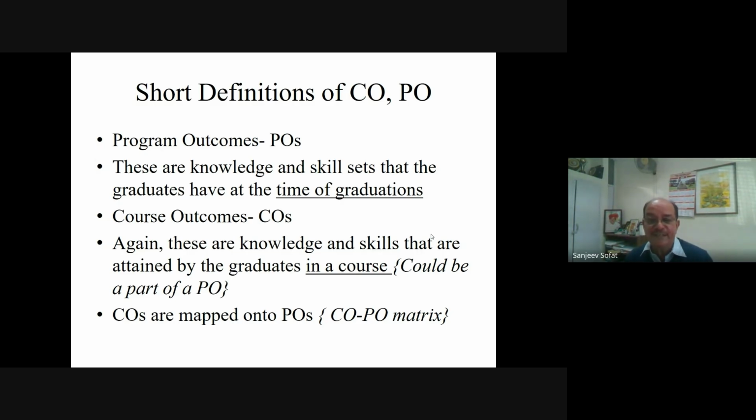Knowledge I can measure by going for some tests, and skill, let him perform in the lab. If he's able to perform, we say yes, he could perform it. If he's not, then we say that skill has not been developed.